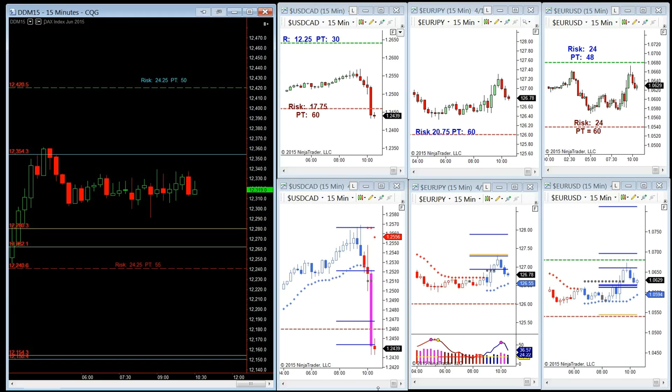6 bars until that bar ends, though. 6 minutes. Notice that's the pattern that I always tell you about. It breaks through and then it comes back to test for support.